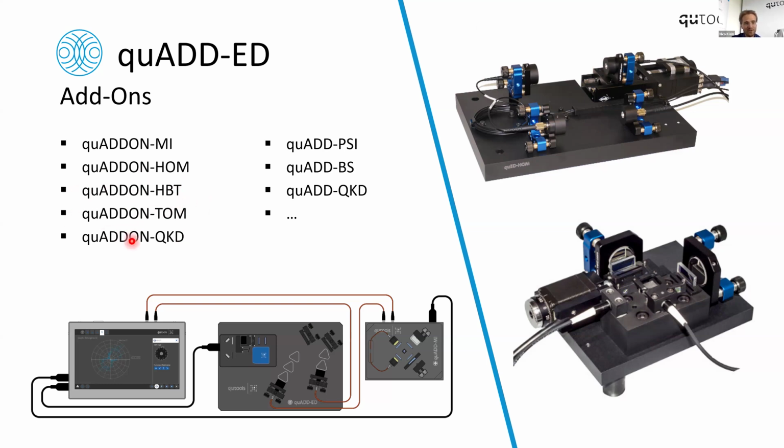Then there's the tomography add-on, which introduces quarter wave plates, so you can completely determine the state of the produced photons, and you can fully characterize this quantum state and see how it would look in the density matrix formalism, and also observe how an entangled state would differ from a non-entangled one in the density matrix formalism.